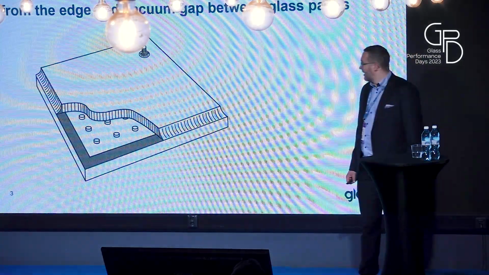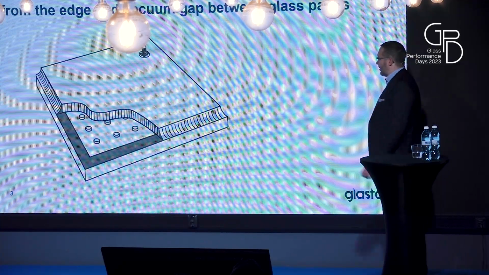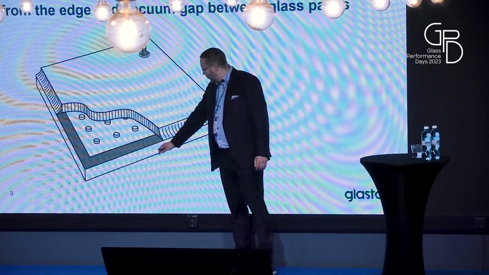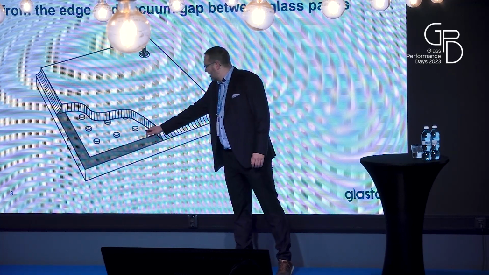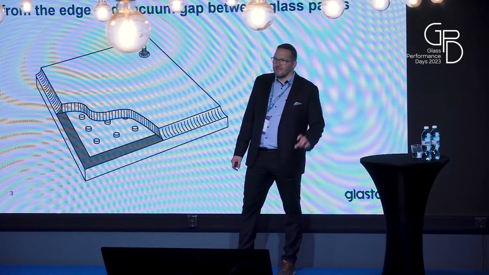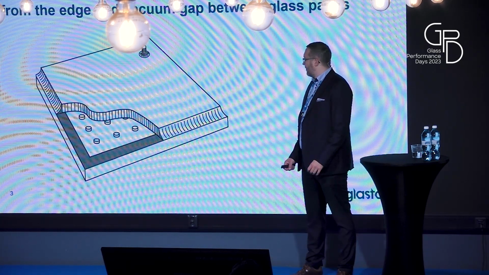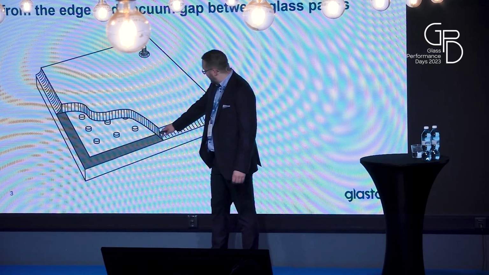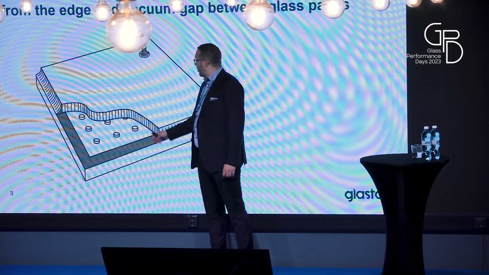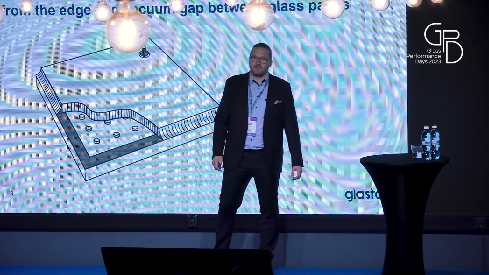Maybe here's someone who has never seen vacuum insulated glazing. A couple of words about that. So the idea is that there are two panes, and there is a gap between those two panes. There need to be some pillars to keep this gap there, while the edges are hermetically sealed together, and then vacuum is made between those two glasses.